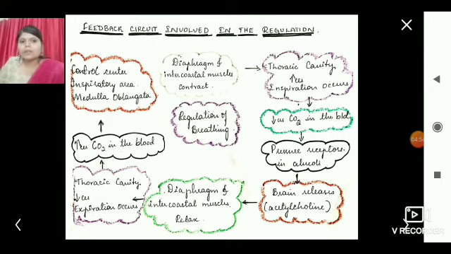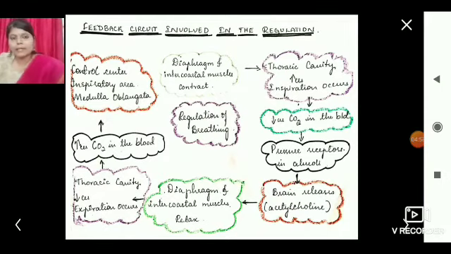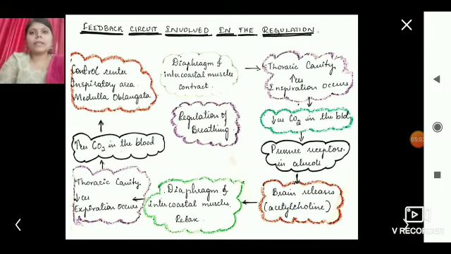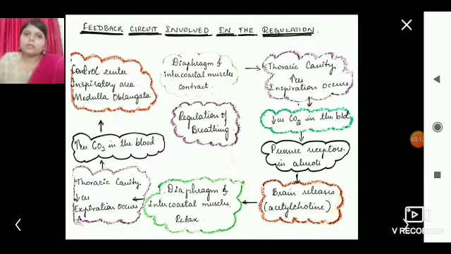When the carbon dioxide level is higher, the body releases it and takes in oxygen molecules. If the carbon dioxide is lower in the blood, it tries to get back to its own equilibrium of gases in the bloodstream. That's how the cycle occurs.